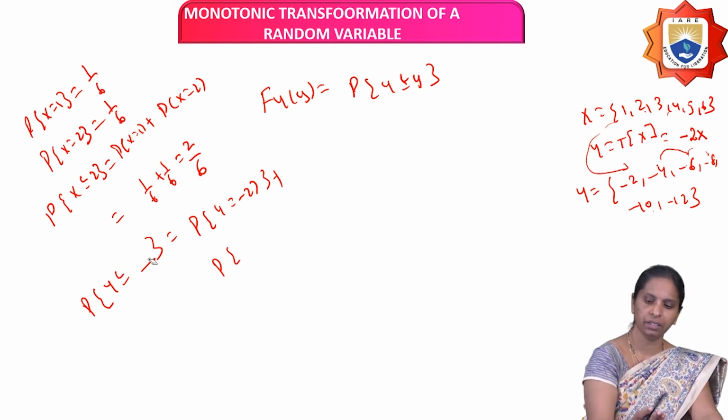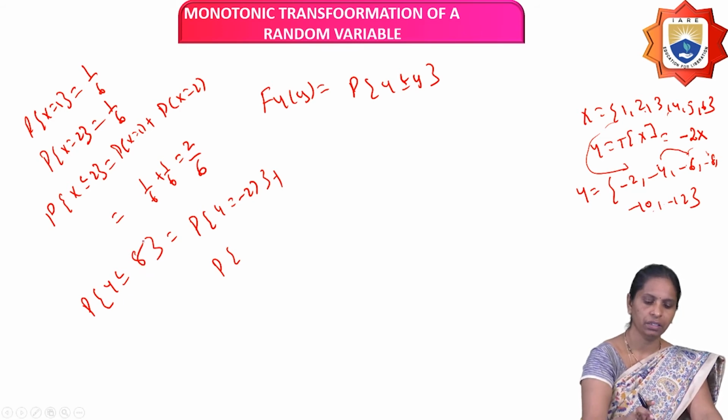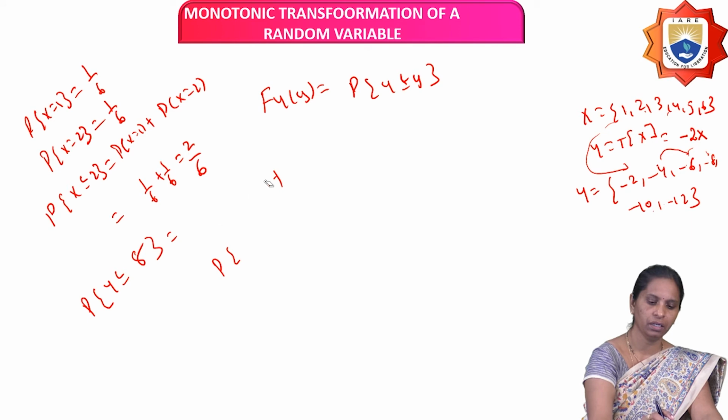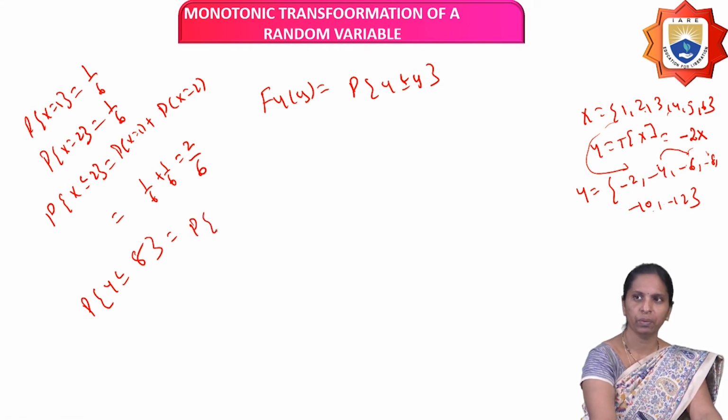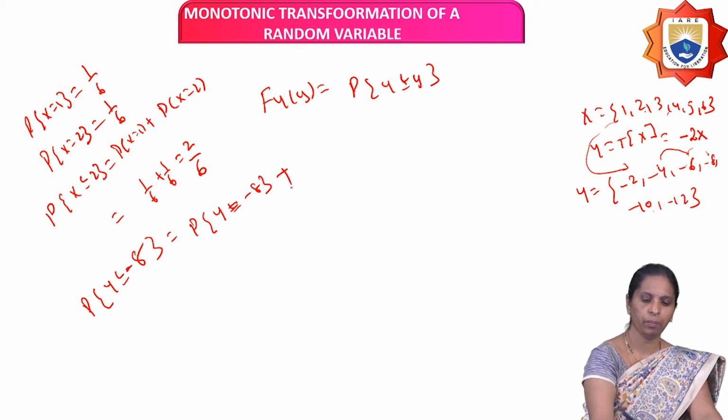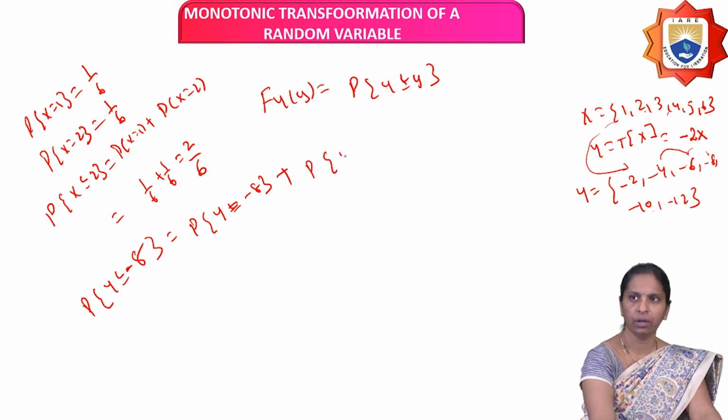Or else, for simplification, I am taking less than or equal to minus 8. Then the probability that Y is less than or equal to minus 8 is the probability that Y equals minus 8 plus the probability that Y equals minus 10 plus the probability that Y equals minus 12.